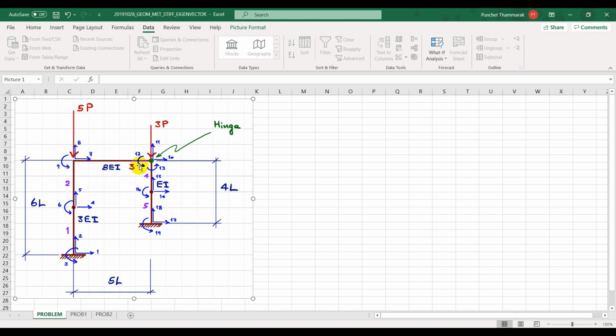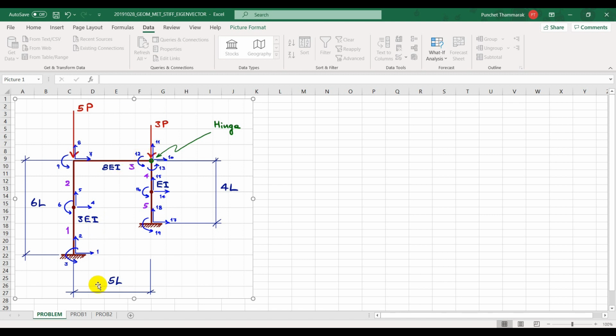Because if you put most of the load on the weak member that controls the first failure, then if you just change this distribution not that much, you will not see the change of the overall buckling load.